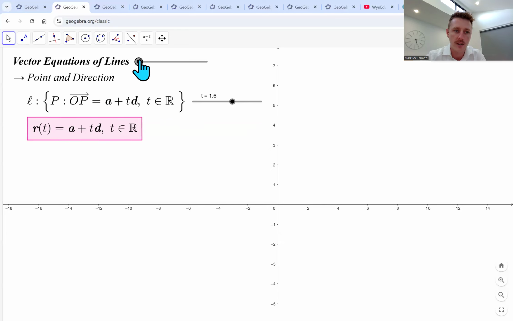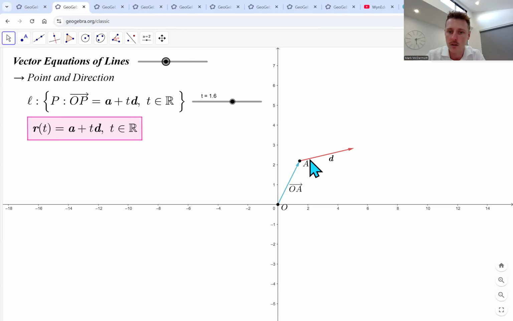And let's just make some sense of it. If we've got some vector OA, which is vector a, the lowercase bolded a, is the same as this vector here. And then we've got some direction. So we've got that vector a pointing at some point, and then you've got this vector d that tells you the direction in which that point is moving.